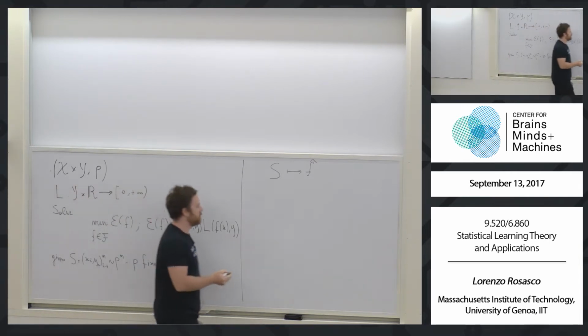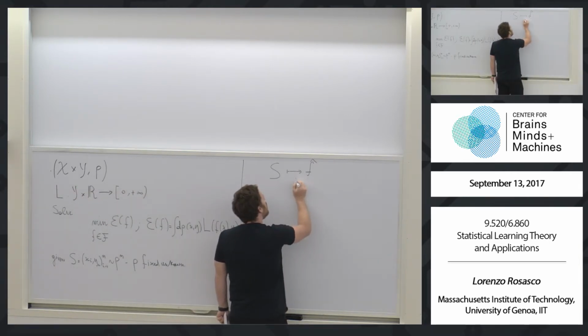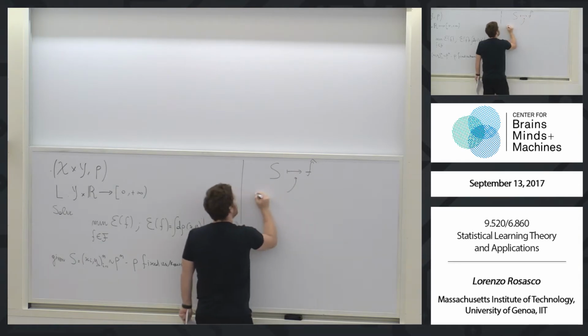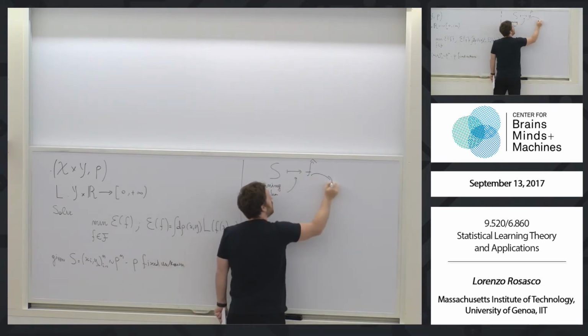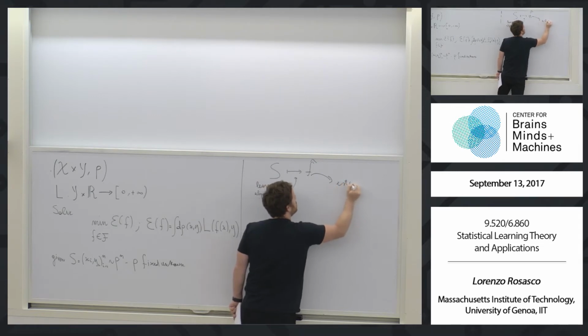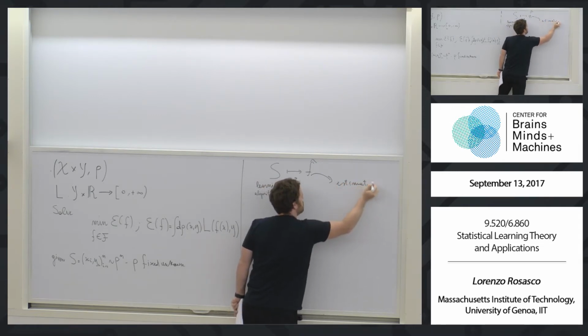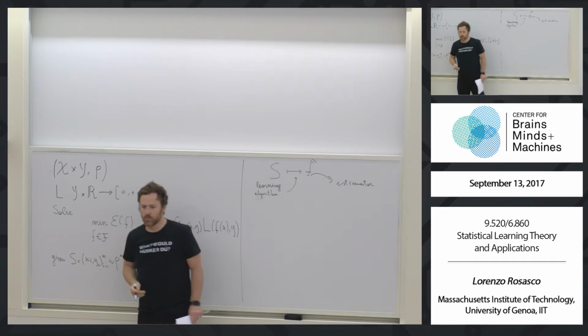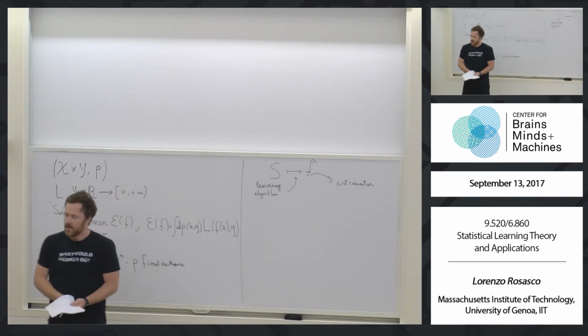Some terminology: typically, we call the map from the data the learning algorithm, and we call its output an estimator. A potential solution to learning problems is sometimes called an estimator.